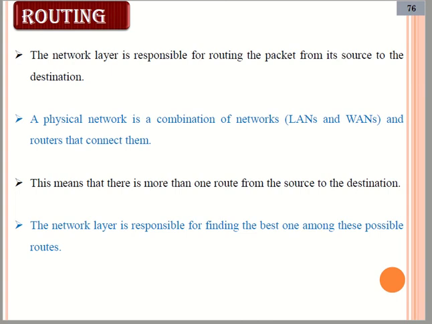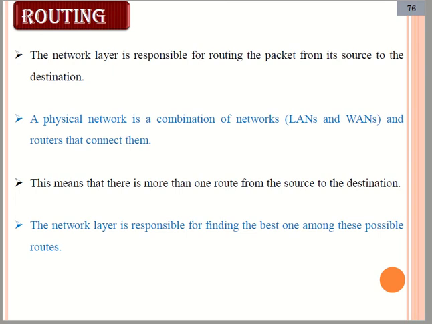So we might have more than one router connecting the source and the destination, and the network layer is responsible for finding the best among the possible routes to make the packet reach the destination. To make the packet move in the best possible way, the network layer has to have some specific strategy to identify the best possible route.